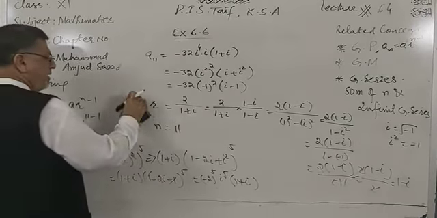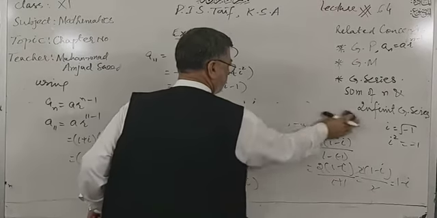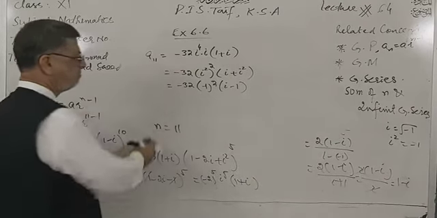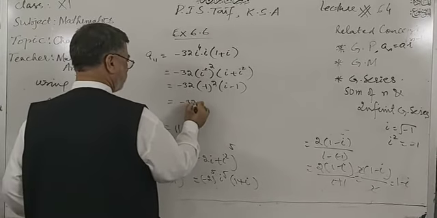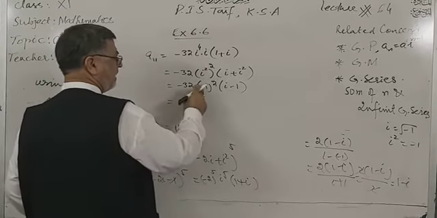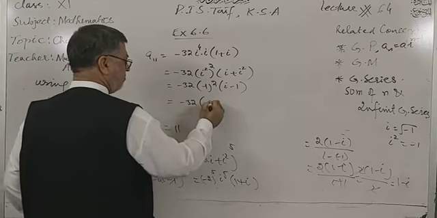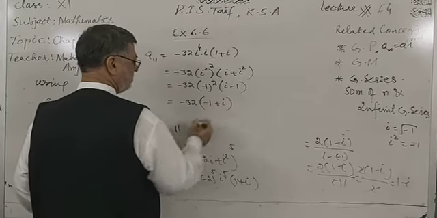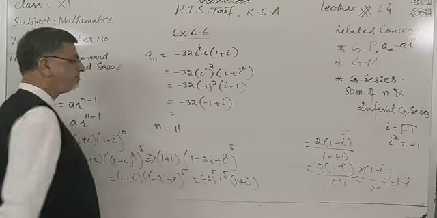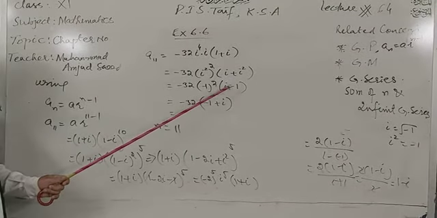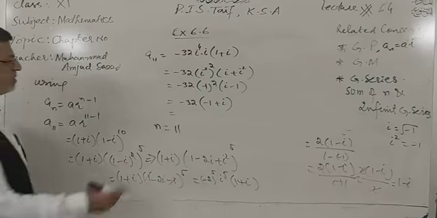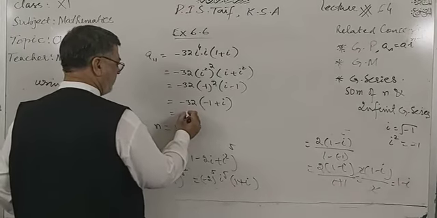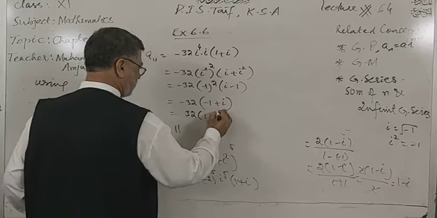Now we are left with minus 32 into minus 1 square is 1 into minus 1 plus iota. We have written minus 1 first and iota on second position, no problem, that is same. So take minus common from inside, it will become 32 into 1 minus iota.